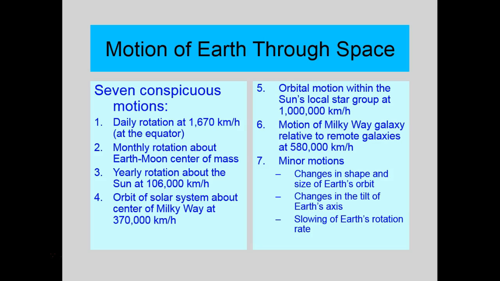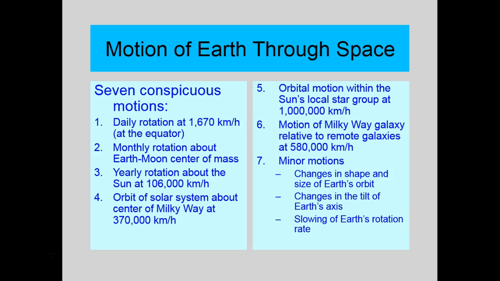That's what this one is, the orbit of our solar system about the center of the Milky Way, and we're moving about 370,000 kilometers per hour, which would be about 200,000 miles per hour around that way. The orbital motion within the stars, the sun's local star group.